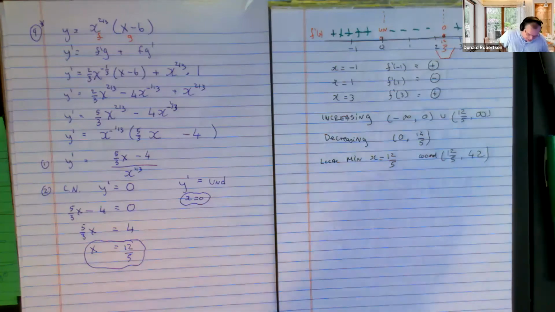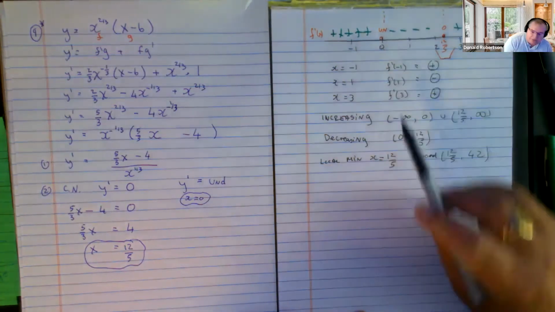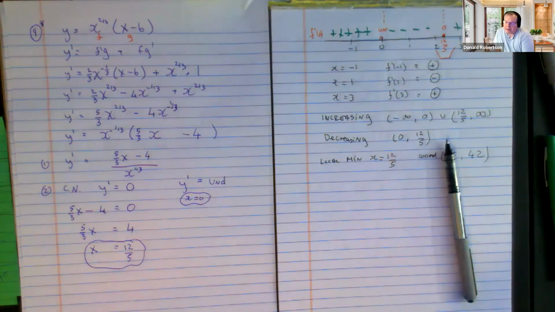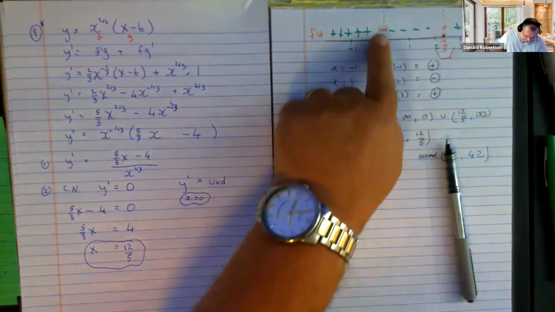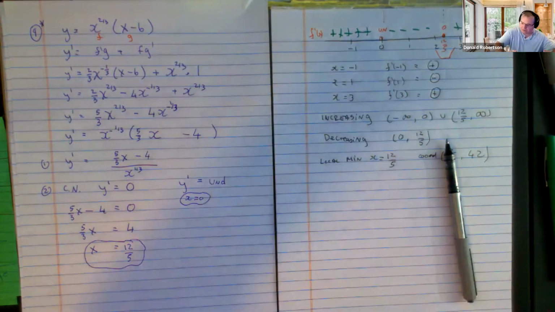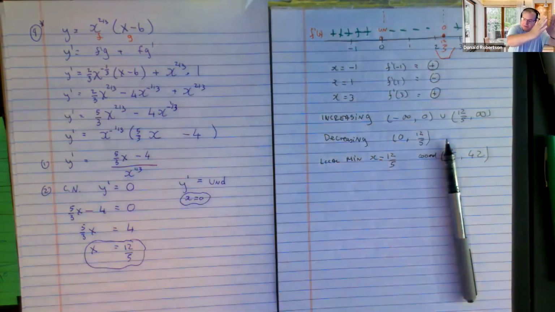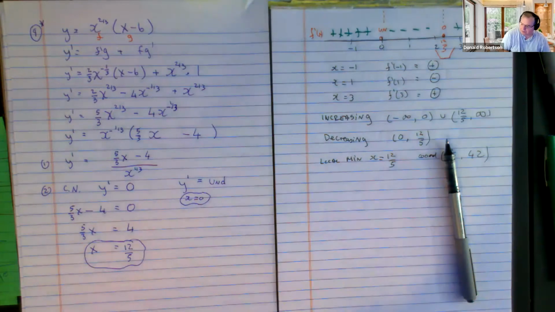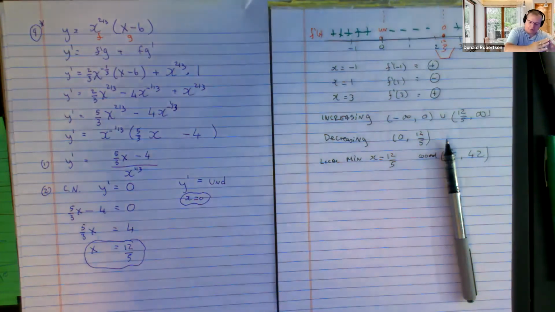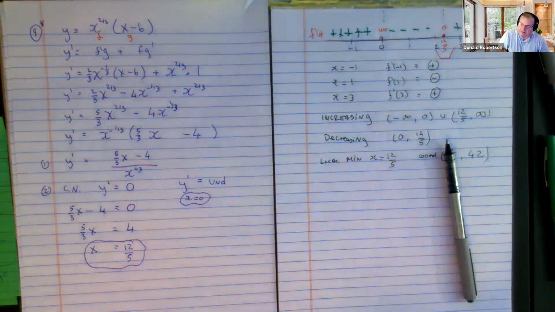Now, what on earth is happening here? Well, it could be that there's a vertical asymptote, because vertical asymptotes will cause a derivative to be undefined, right? It might be zooming up, you know, it might be zooming down. Or the other alternative, it could be one of those corners, right? One of those cusps.